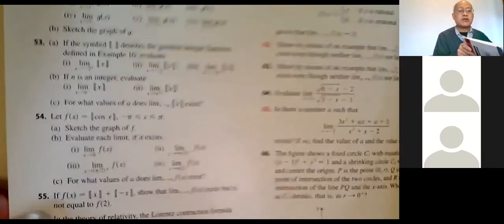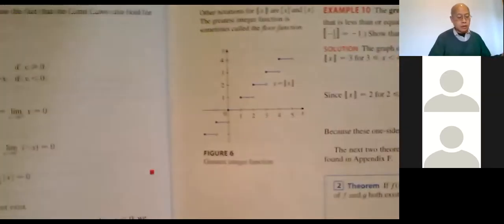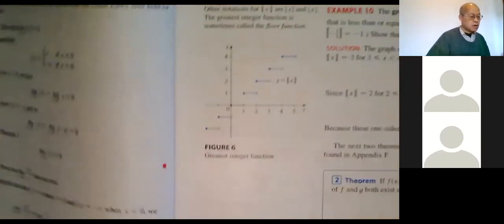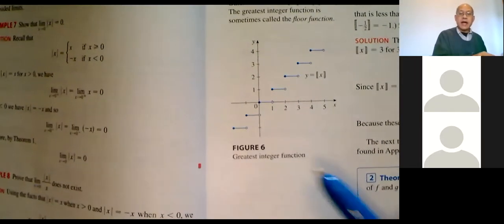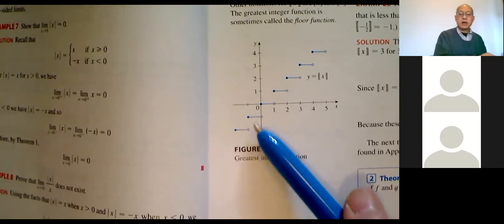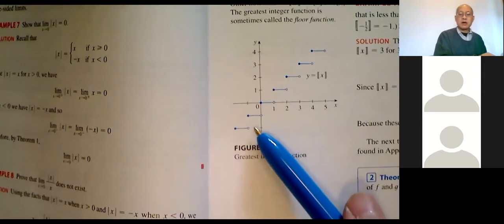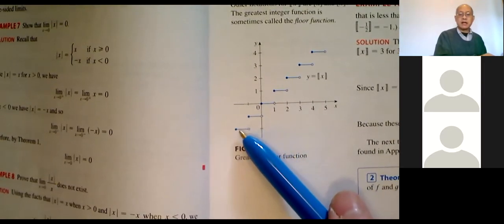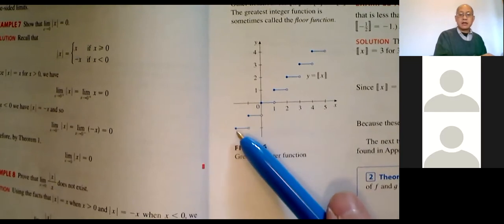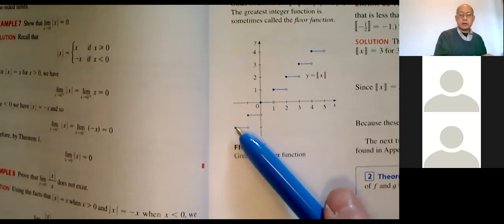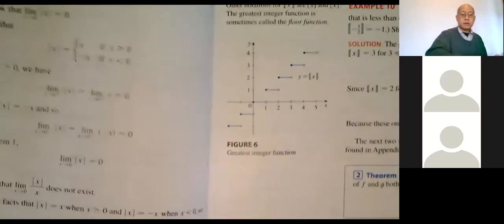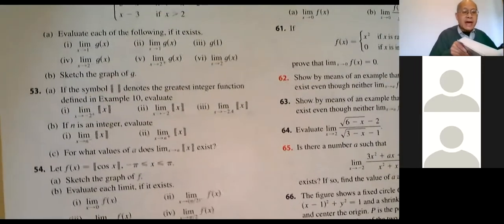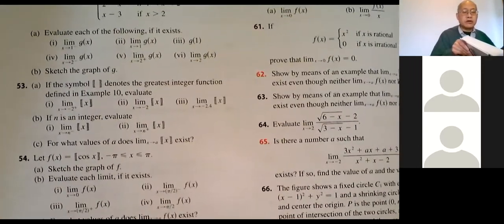We approach negative 2 coming from the right side. So the answer to 53A I is negative 2.